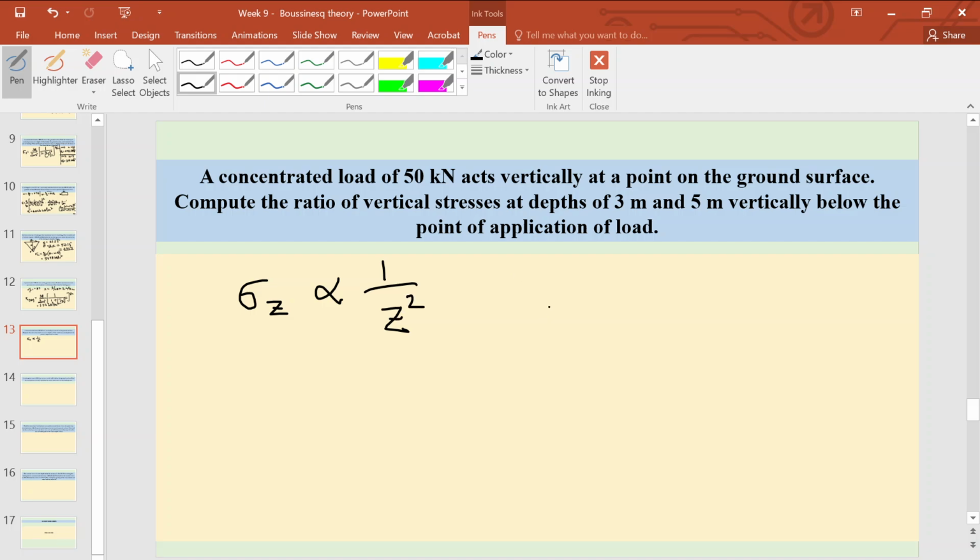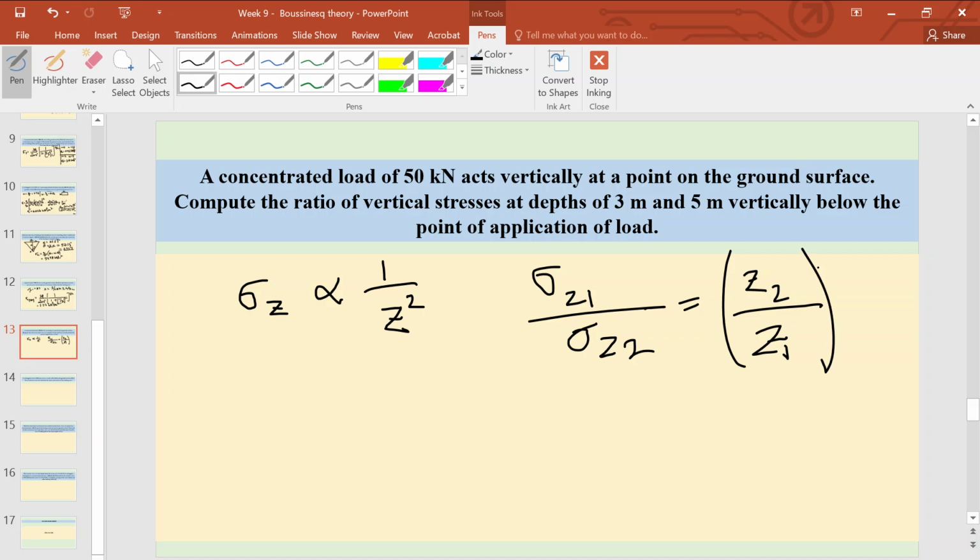So sigma z1 by sigma z2 will be equal to z2 by z1 whole square, isn't it? What is z2? 5, z1 is 3. So it will be 25 by 9, approximately equal to 2.78, isn't it?